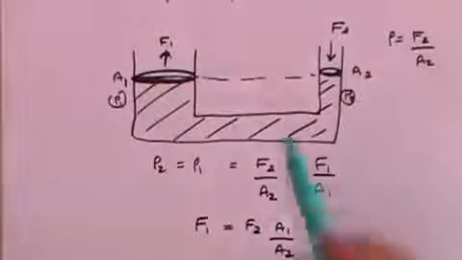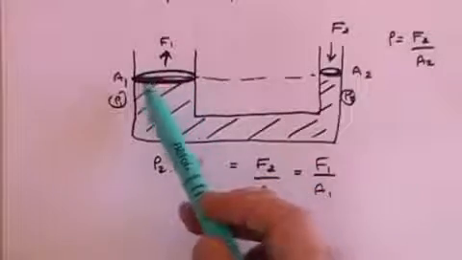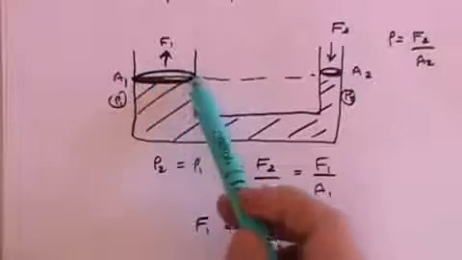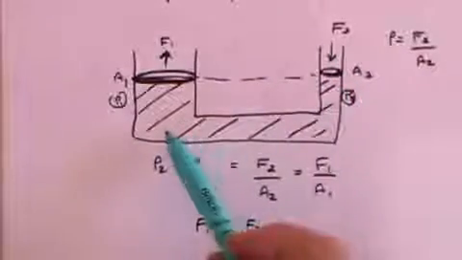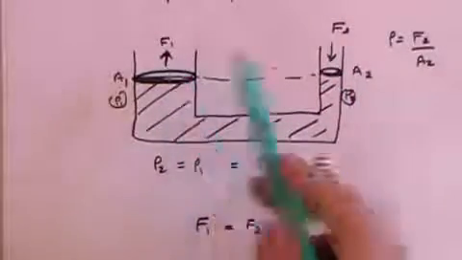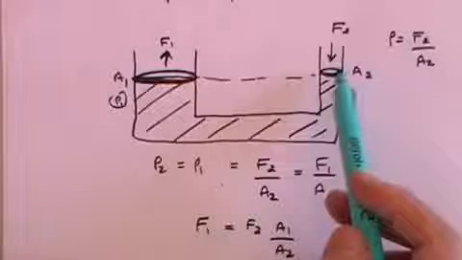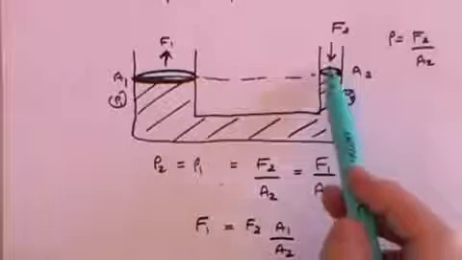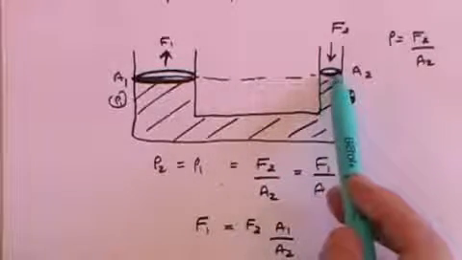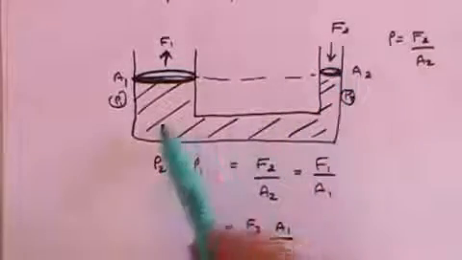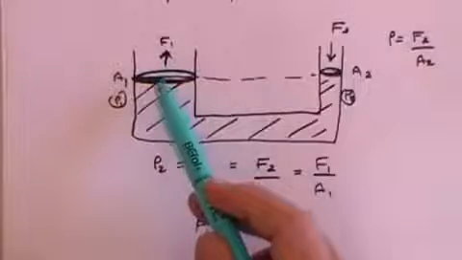What that means is that you could put, say, a car on this area here, and you could push down and essentially push the car upwards. So even though you couldn't possibly lift a car, you can, using this apparatus, push down on the piston here, and that would push a car up here.